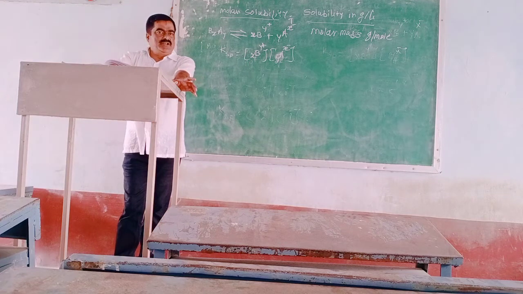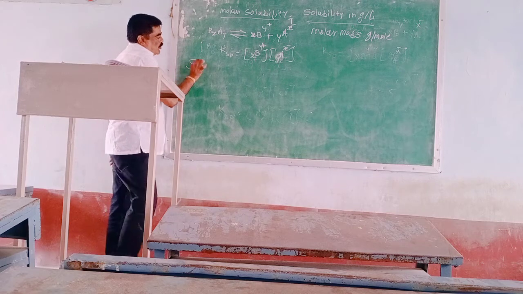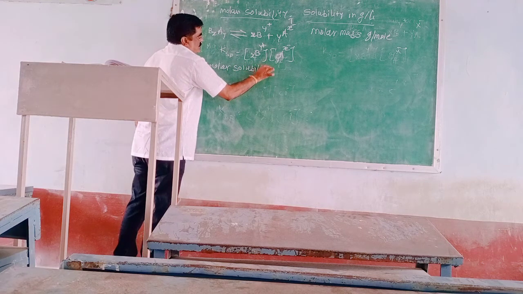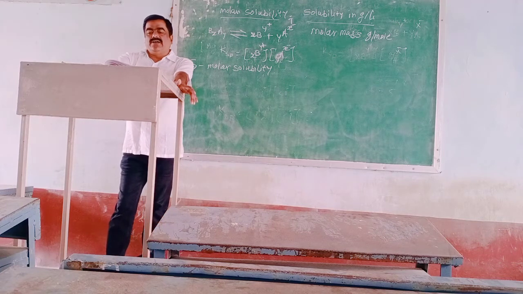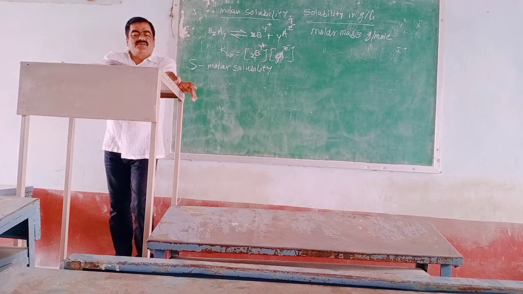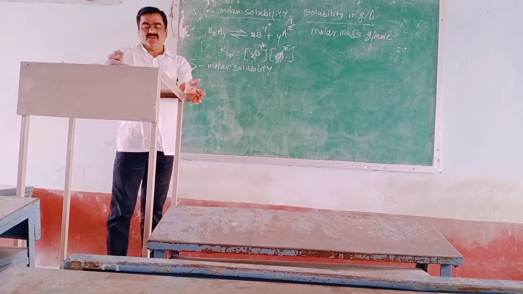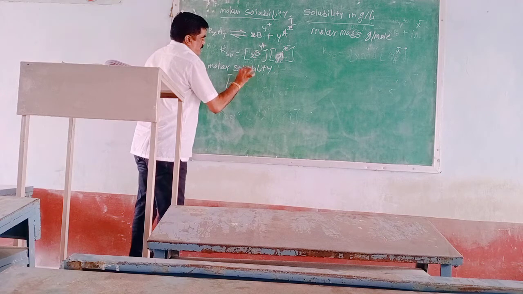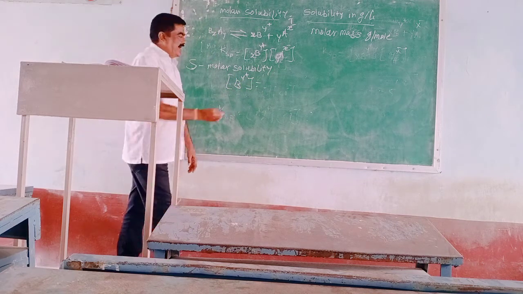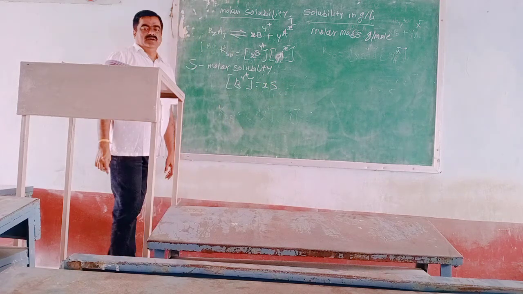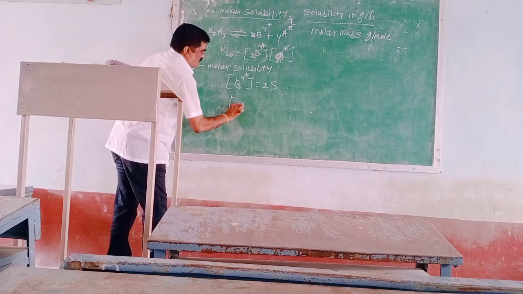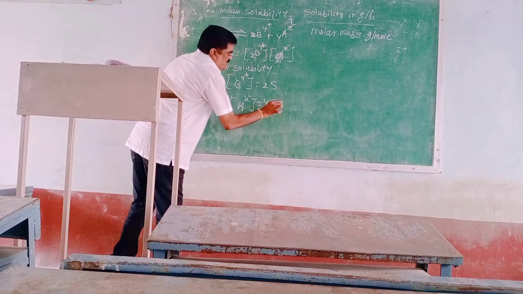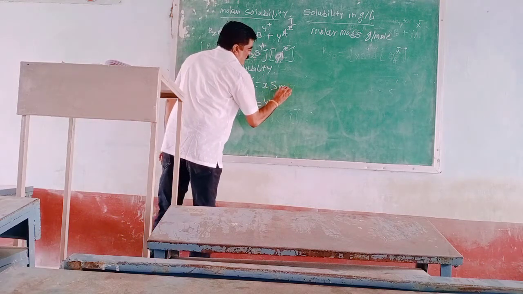If S is the molar solubility of the compound, then the equilibrium concentration of the ions in the saturated solution will be: B^y+ ions is equal to xS and A^x- is equal to yS, in mole per liter.